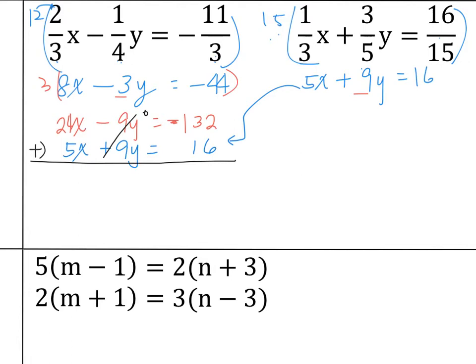So 24 plus 5 is 29x. And then negative 132 plus 16 is negative 116. And then I'm going to divide by 29 on both sides, so I get negative 4.